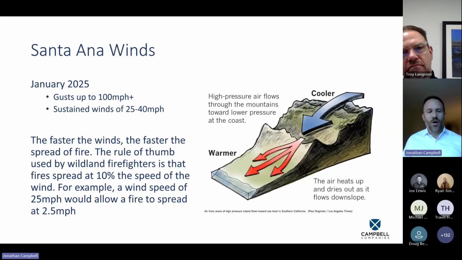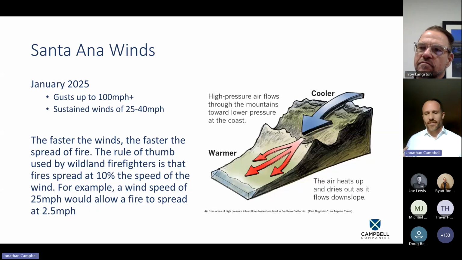But they had gusts up to 100 miles an hour, with sustained winds of 25 to 40 miles an hour. The rule of thumb is that you take 10% of the wind speed, and that translates into the fire speed. So with a 40 mile an hour wind, the fire is moving at 4 miles an hour. That may not seem like a lot, but when you're trying to evacuate thousands of people, 200,000 people, 4 miles an hour becomes really fast.